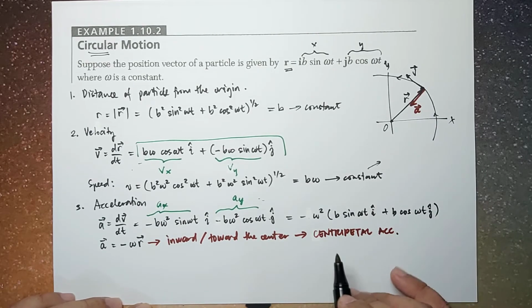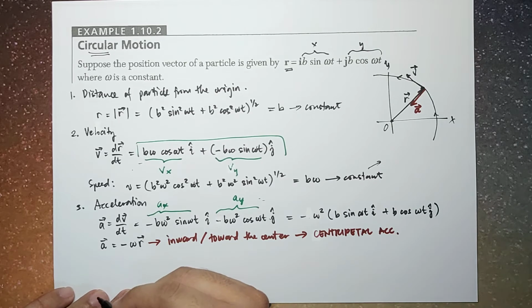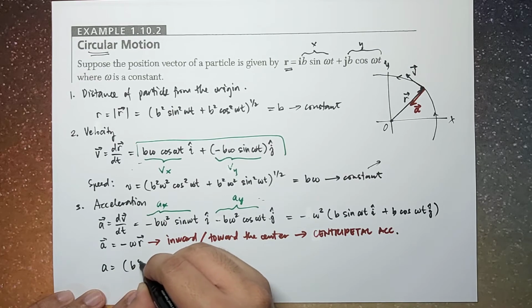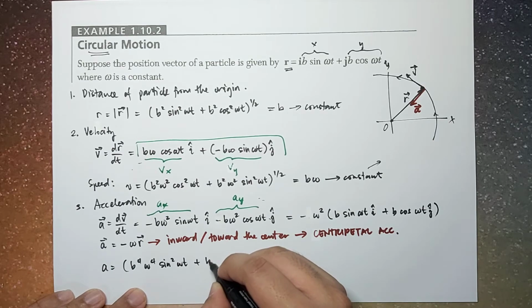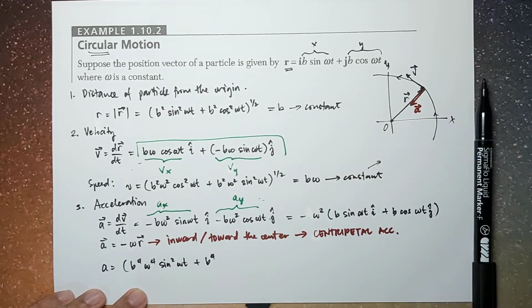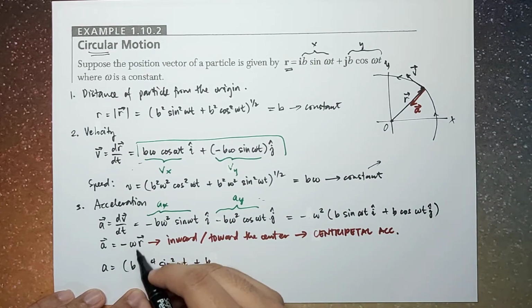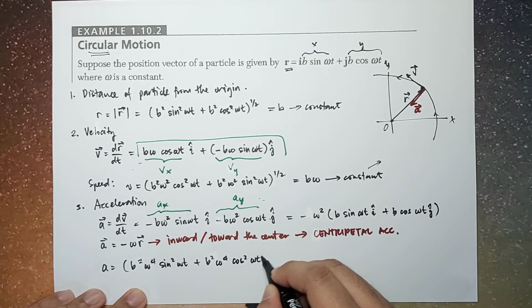When you say centripetal acceleration, centripetal literally means center seeking, because the acceleration always points towards the center. If we check the magnitude of the acceleration, we have a equals the square root of b squared omega to the 4th sine squared omega t plus b squared omega to the 4th cosine squared omega t.